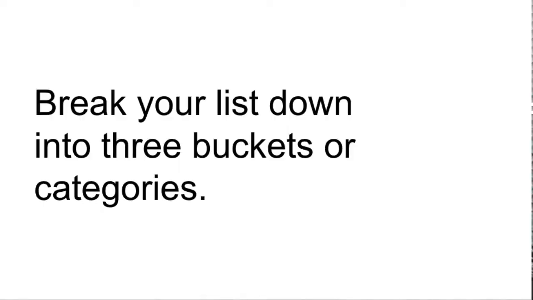And so for the sake of simplicity, break your content management system down into at least 3 buckets if you can. More if you really get into it, but at least 3 buckets or categories to help manage those different kinds of audiences. For example, your first list could be your target audience.